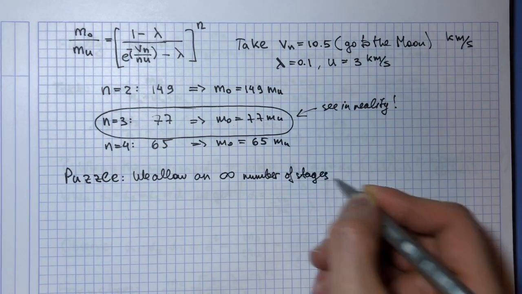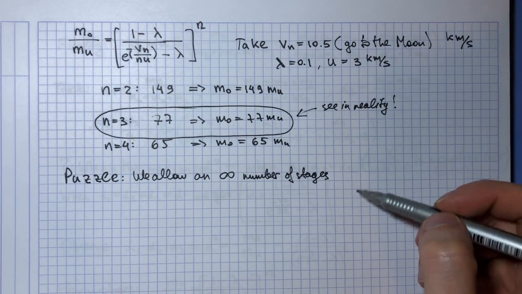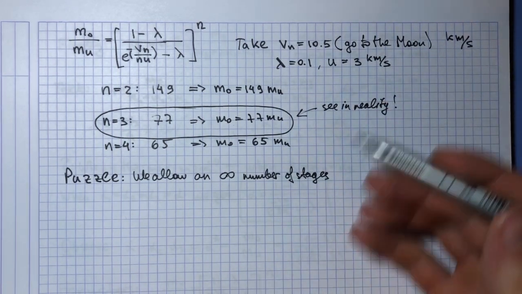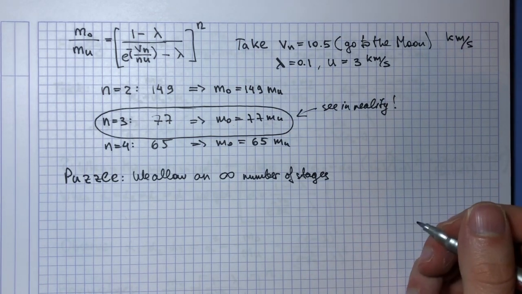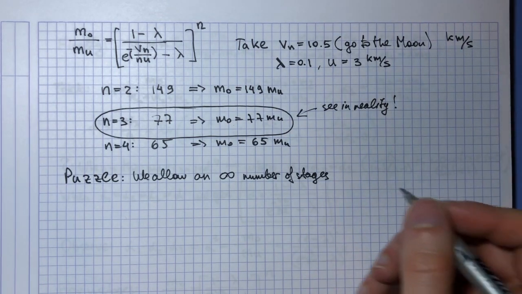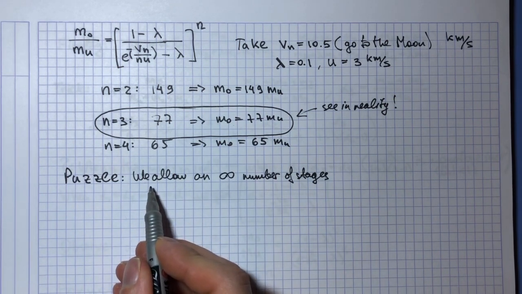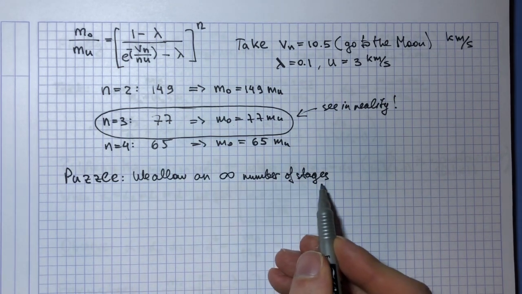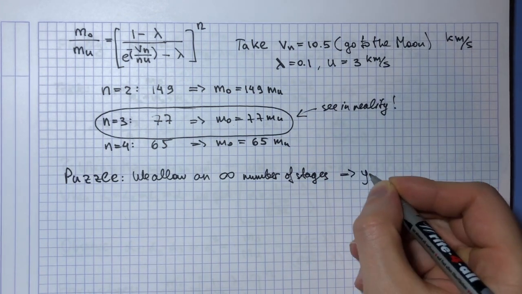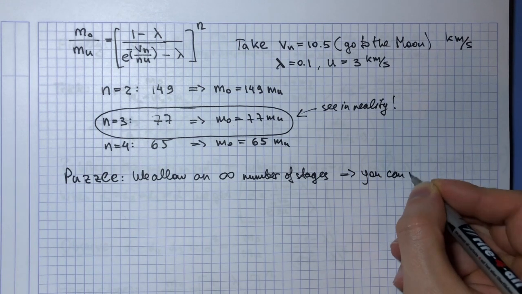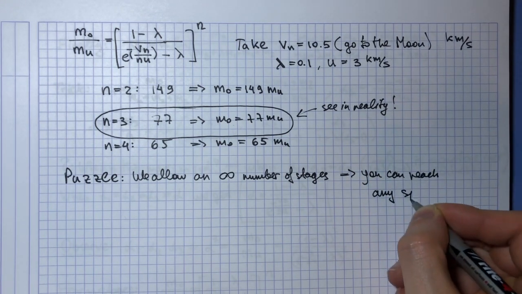So in some sense, our rocket becomes a candle that burns and loses all of its molten part instantaneously. So what you can demonstrate is that if you allow an infinite number of stages, then you can reach any speed you want.